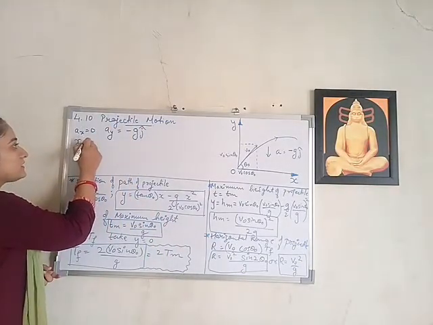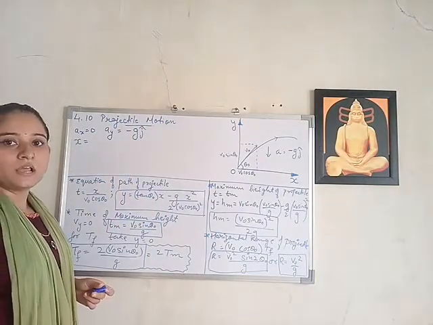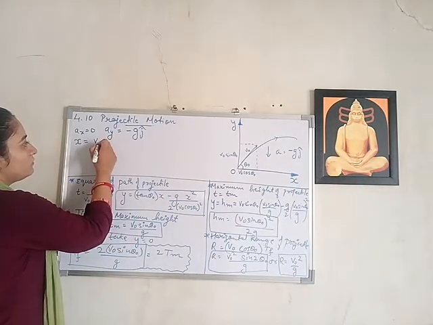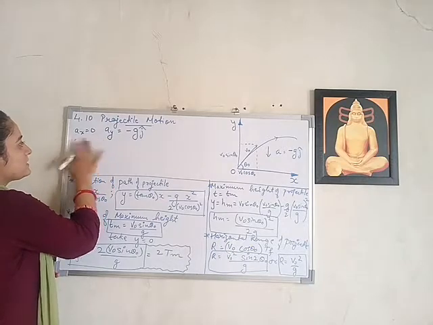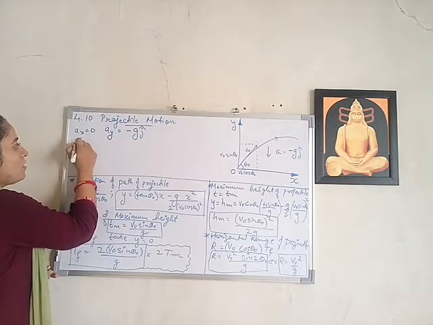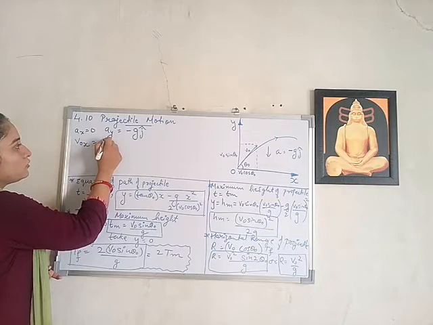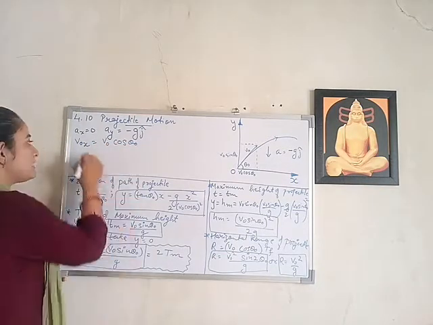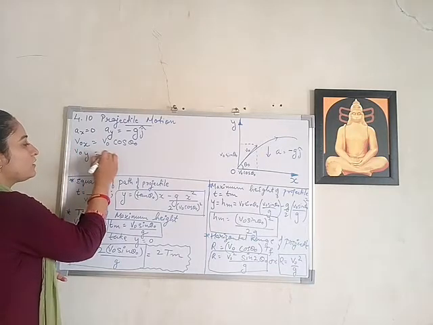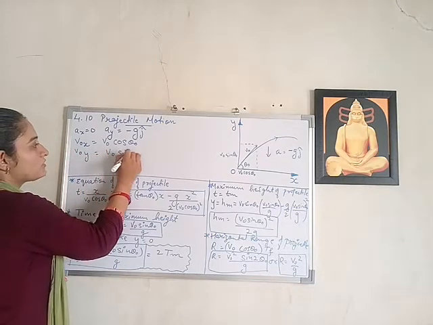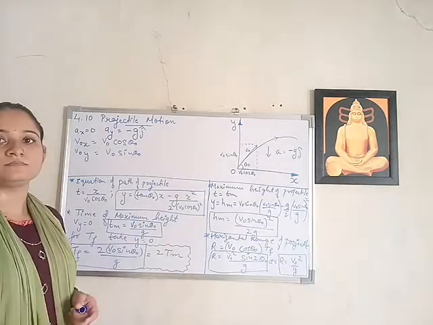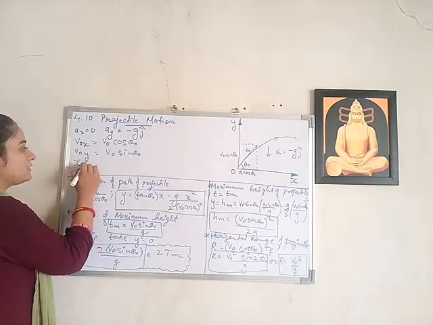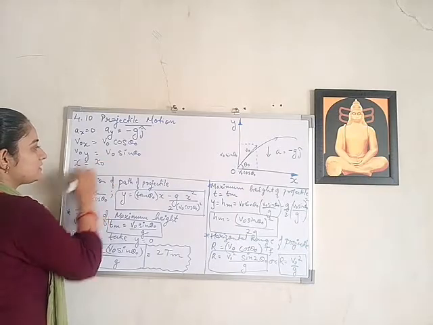Now we will talk about the distance which it travels. Here v0x equals v0 cos theta 0, and in the same way v0y equals v0 sin theta 0. Clear? Now the distance x will be equal to x0.